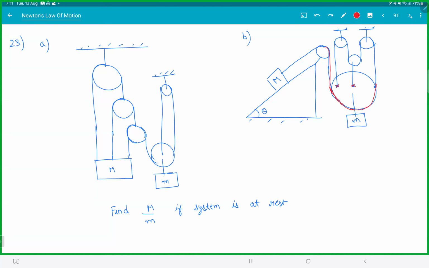There. I hope the diagram is clear. Find the value of m by M if the system is at rest.